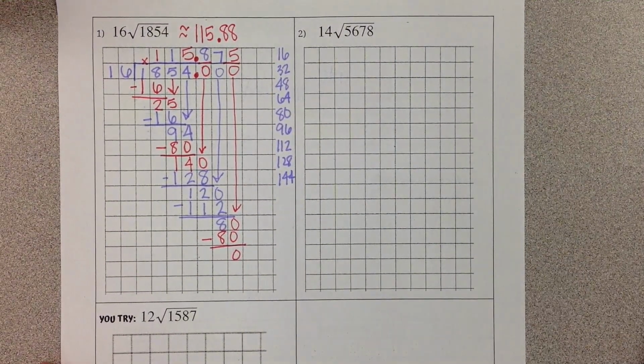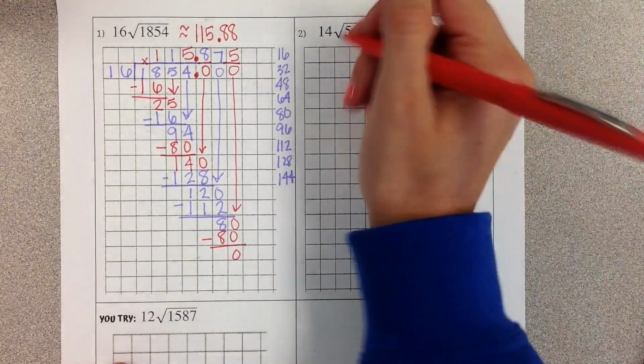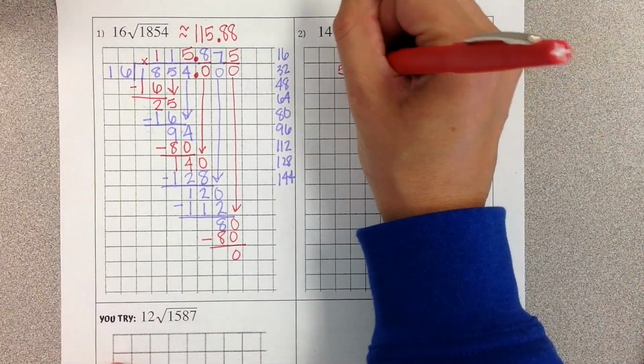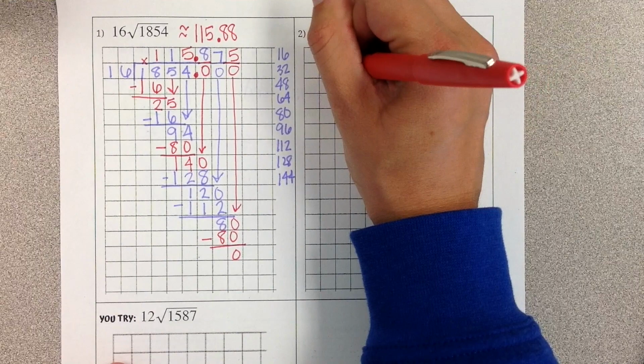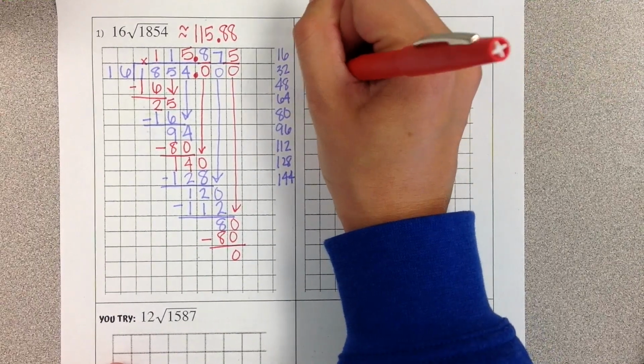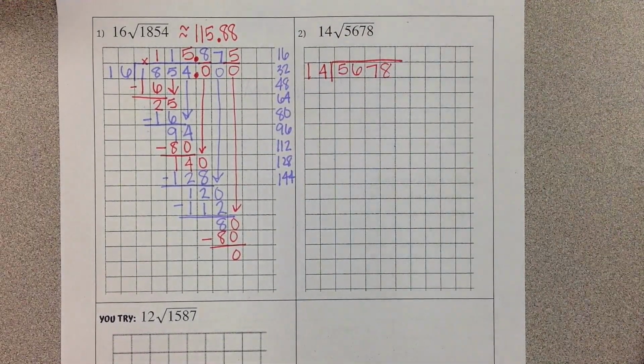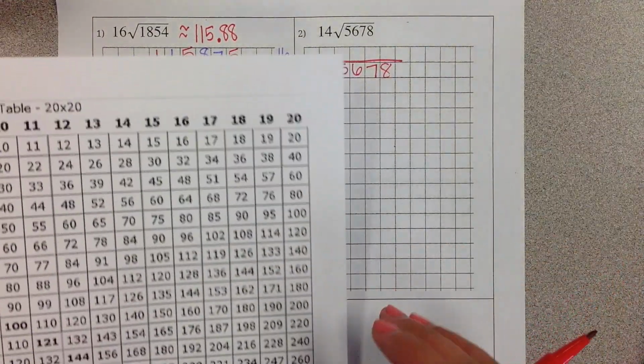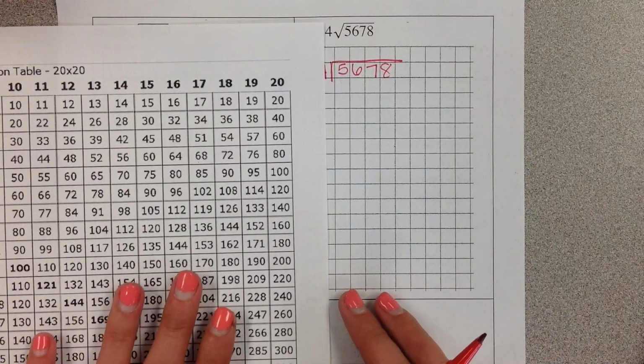All right, example 2. We've got 5,678 divided by 14. Okay, so first thing I'm going to do is write down my multiples of 14 on the side.